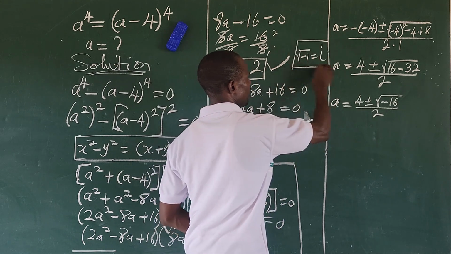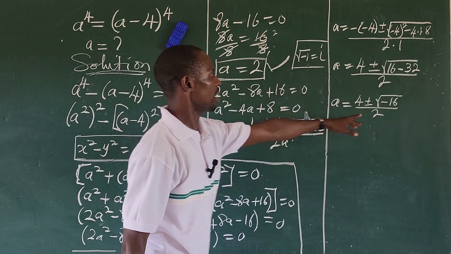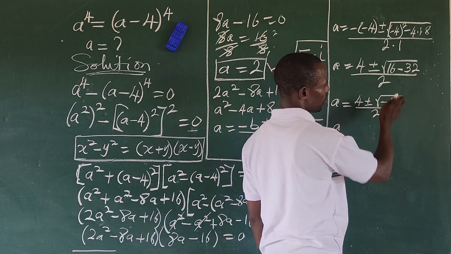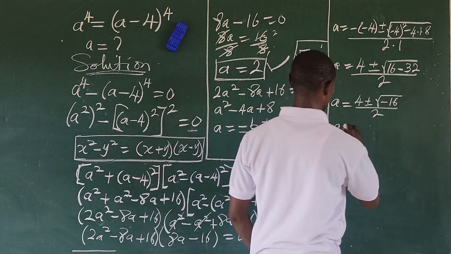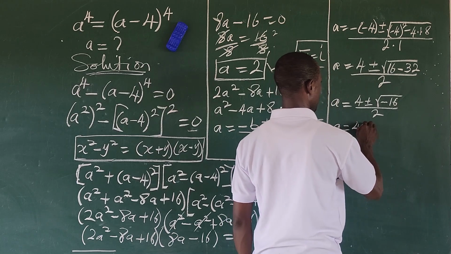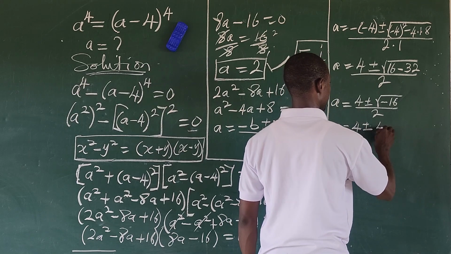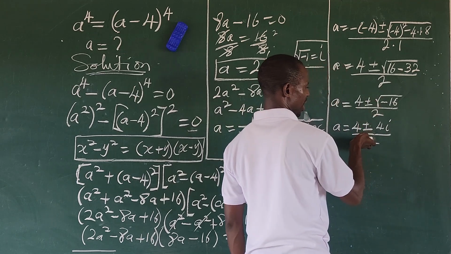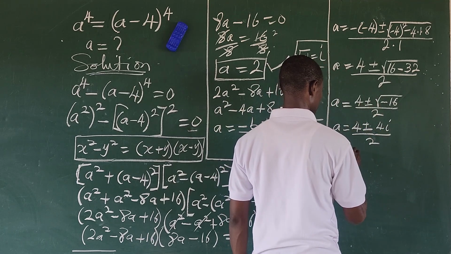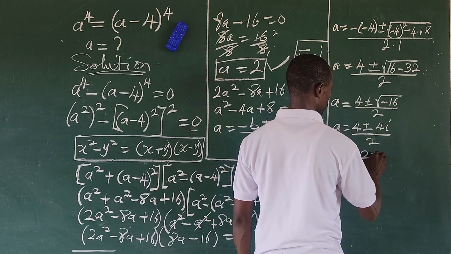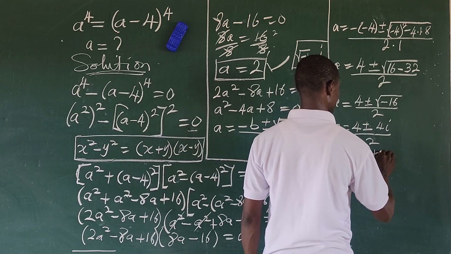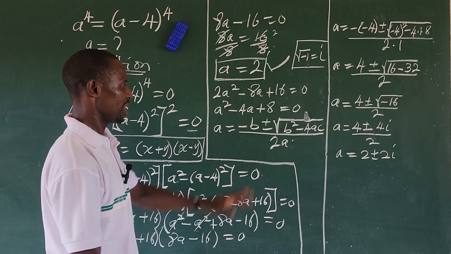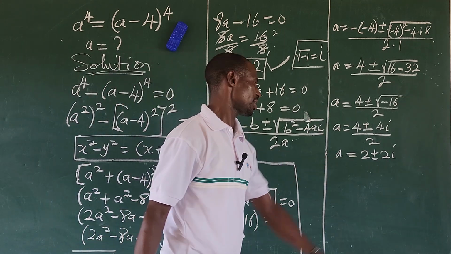Iota. So if we make use of this, we can bring in iota in here. The square root of 16 is 4. So we have here a is equal to 4 plus or minus 4 iota all over 2. If we factor out 2 here, then this will now give us a is equal to 2 plus or minus 2 iota. Easy, right? So we have our a2 and a3 from here.